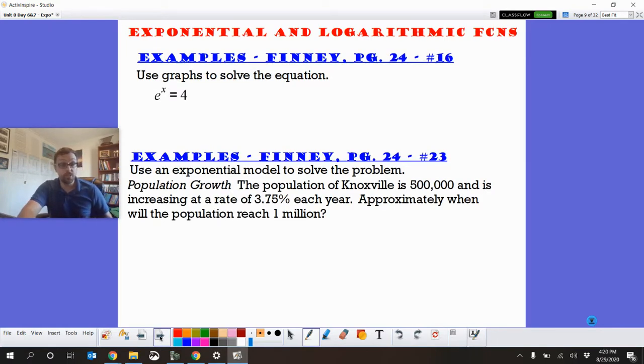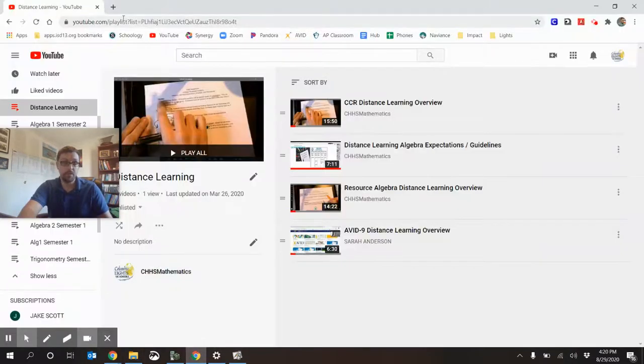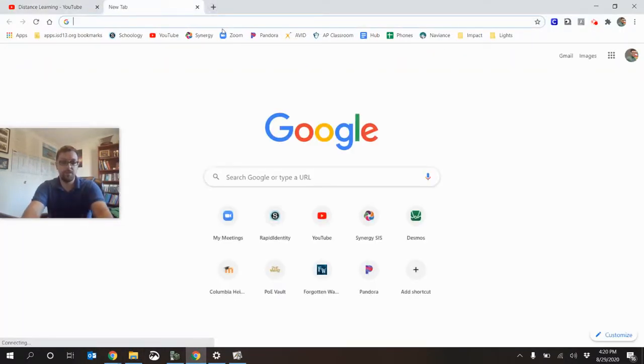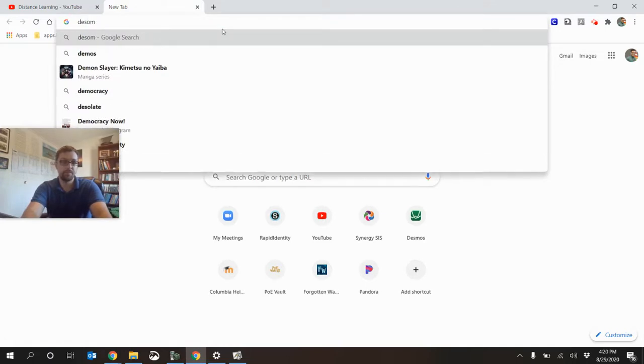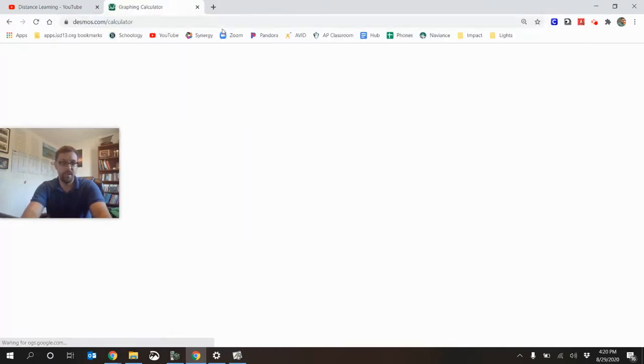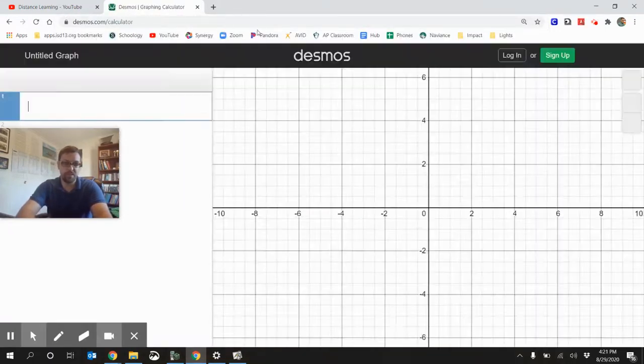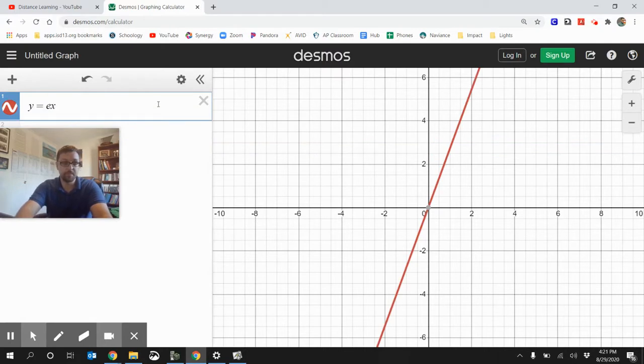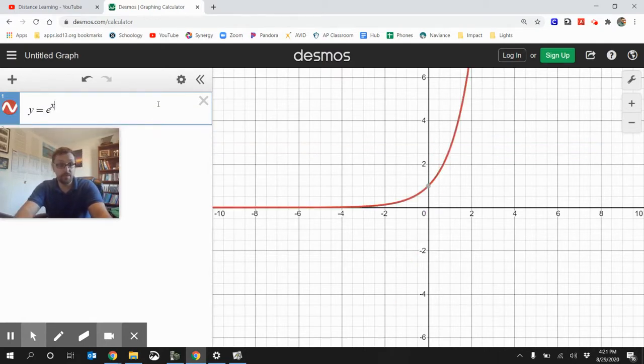We can use these tricks of graphing in order to even solve ones if we want to be extra fancy. So if we go on to Desmos, I just do Desmos in these videos because it's just faster. So if I graph y equals e to the power of x, there, I've got my nice exponential growth graph.